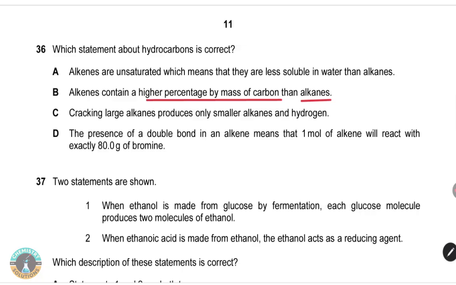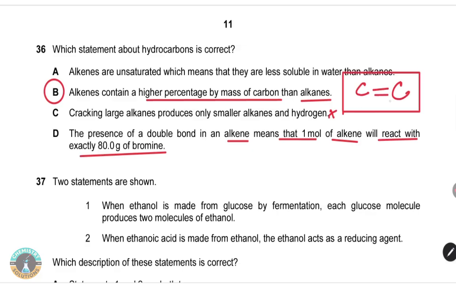Cracking large alkanes produces only small alkanes and hydrogen. No, they can produce alkenes. The presence of a double bond in an alkene means that 1 mole of alkene will react with exactly 8.0 grams of bromine. For this you have to check, but we have got the correct option: alkenes contain a higher percentage by mass of carbon than alkanes. Why? Because alkenes start with 2 carbon atoms and alkanes with 1 carbon atom.